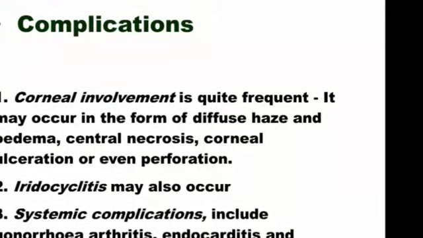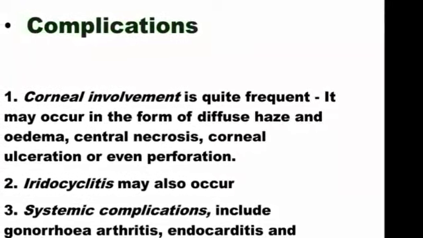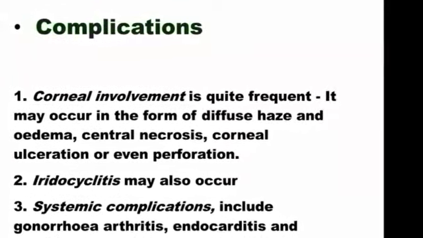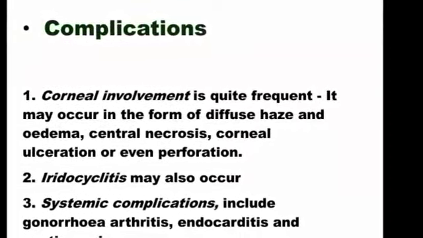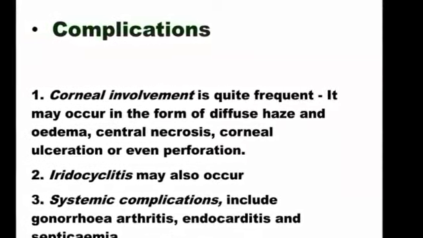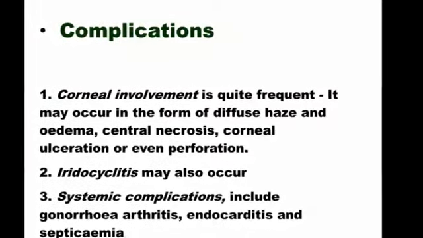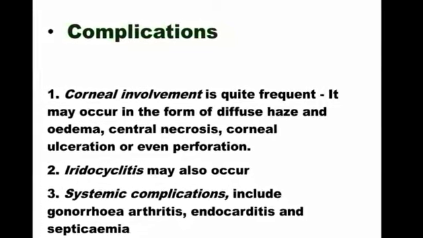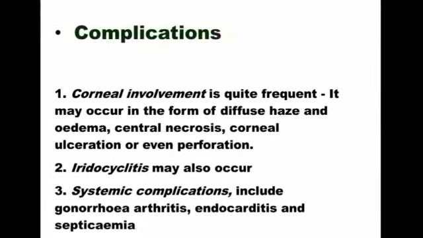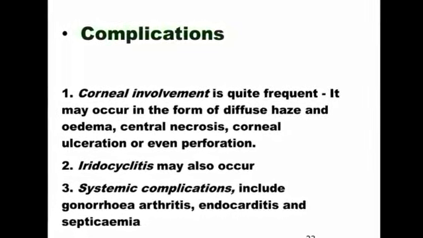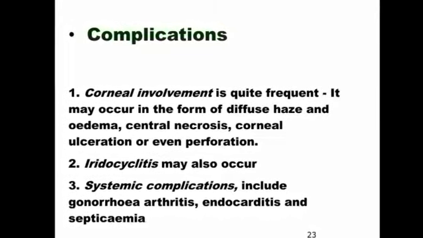It may occur in the form of diffuse haze and edema, central necrosis, corneal ulceration, or even perforation. Iridocyclitis may also occur. Systemic complications include gonorrhea, arthritis, endocarditis, and septicemia.